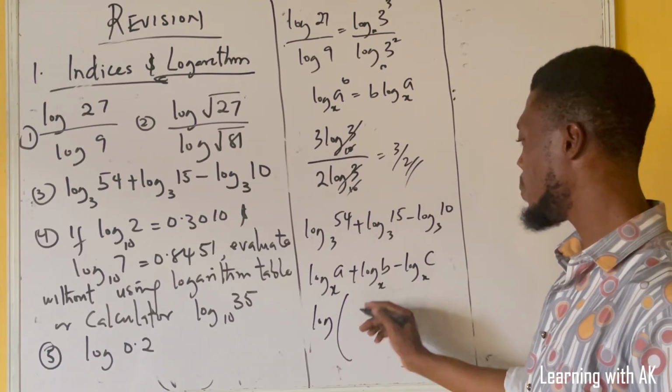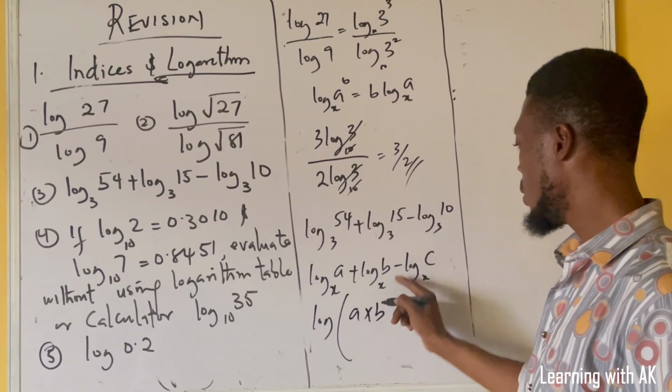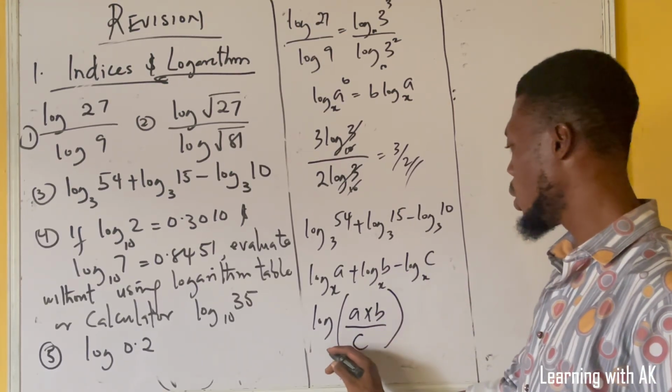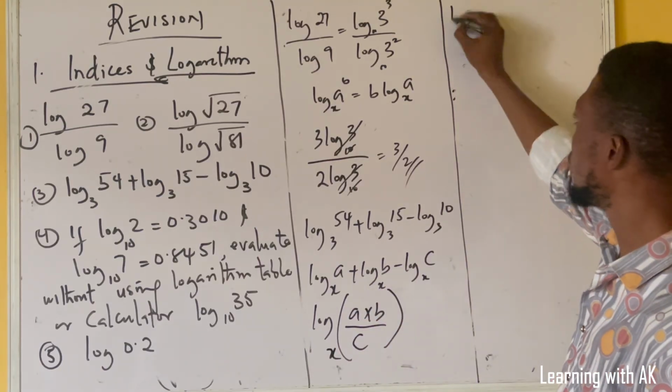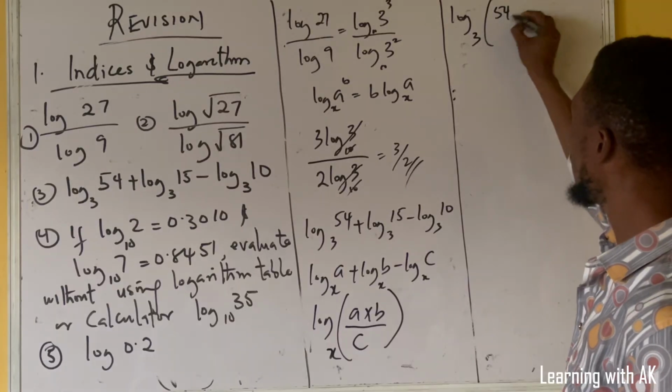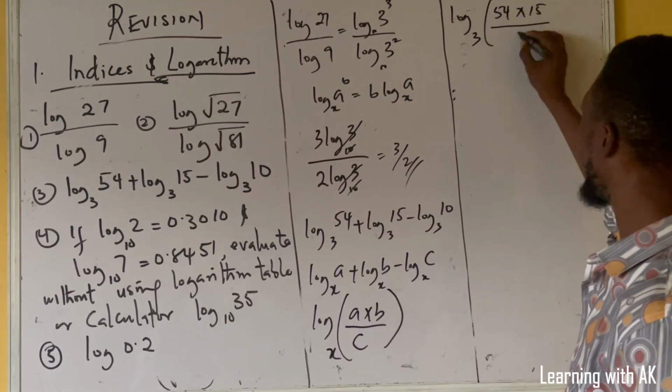When you are adding, you multiply. Don't forget, a times b. Subtraction is division over c. Then all in base x. Hence, I'll do log base 3, 54 times 15 over 10.